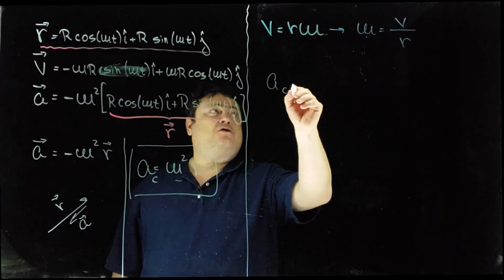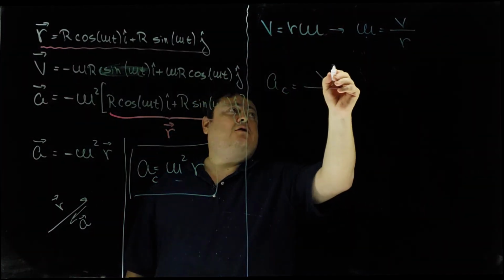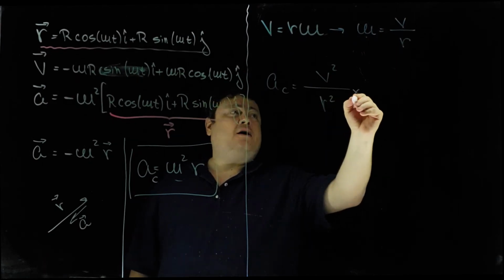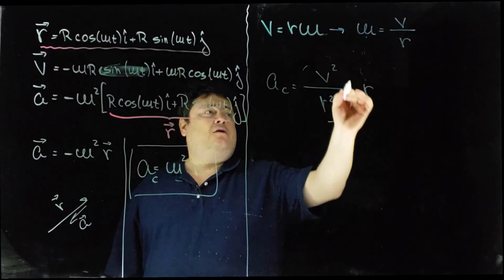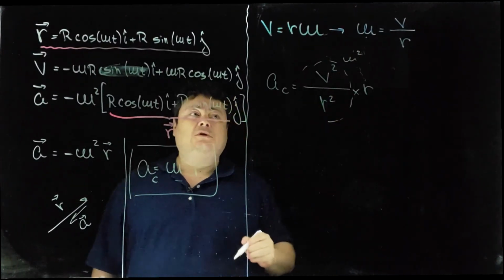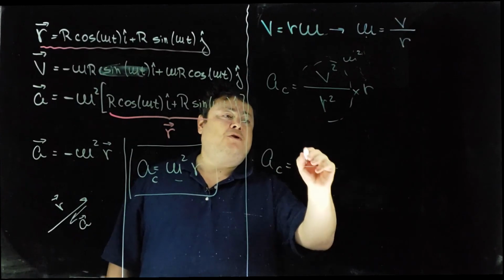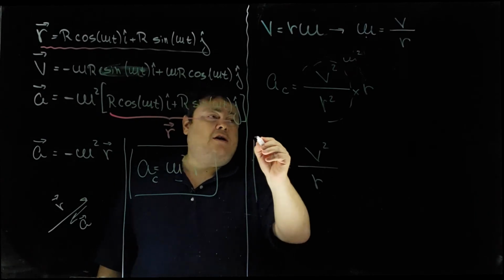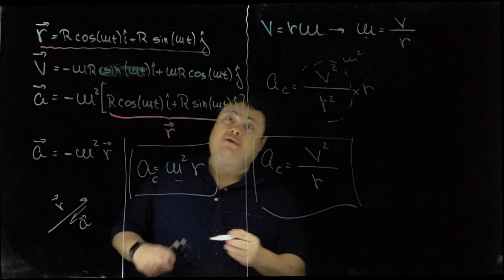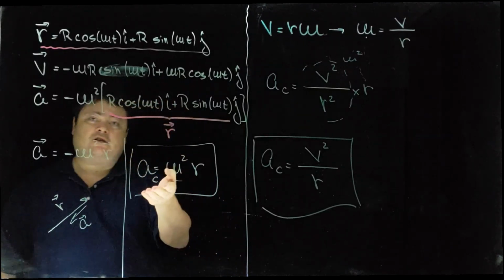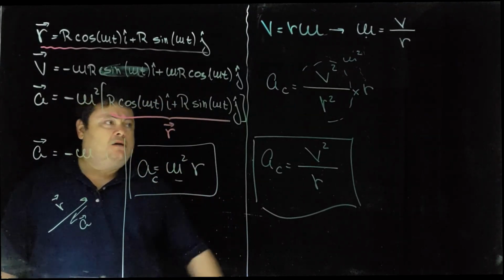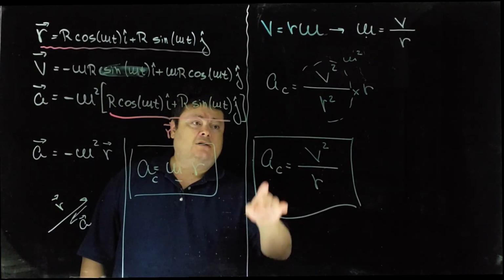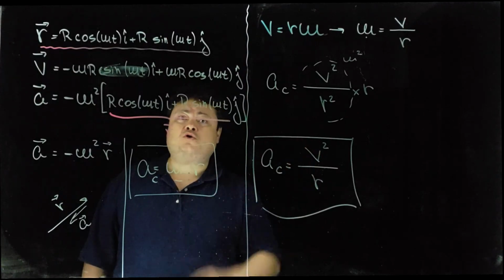So centripetal acceleration is going to be then v squared over r squared multiplied by r. This first term here is omega squared. So the centripetal acceleration at the end is going to be v squared over r. And this is the second equation I have to find centripetal acceleration. Centripetal acceleration is a function of angular speed. Centripetal acceleration is a function of linear speed. Notice that centripetal acceleration is proportional to the square of the speed.